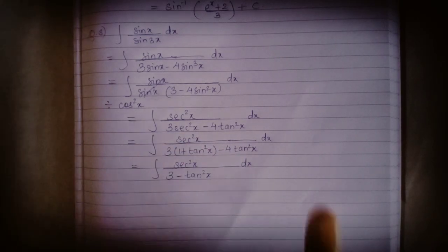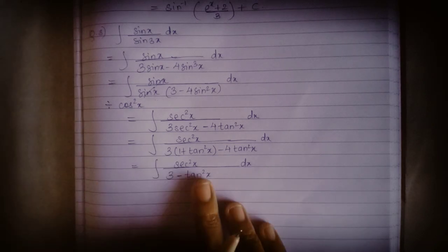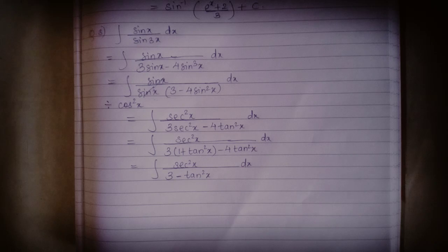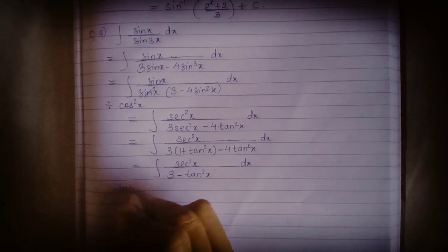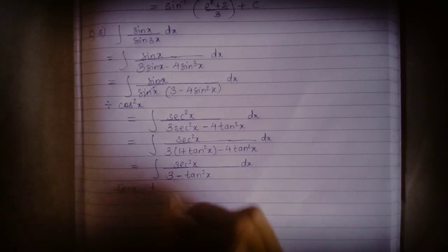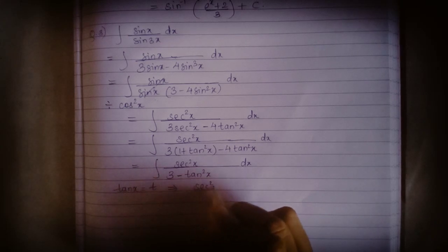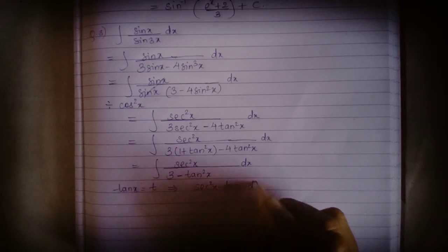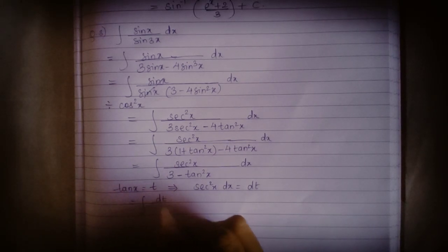Okay, now you have to do substitution, that is if you take tan x as t, so you will get sec square x dx equal to dt. Okay, so substituting you will get here dt upon 3 minus t square.